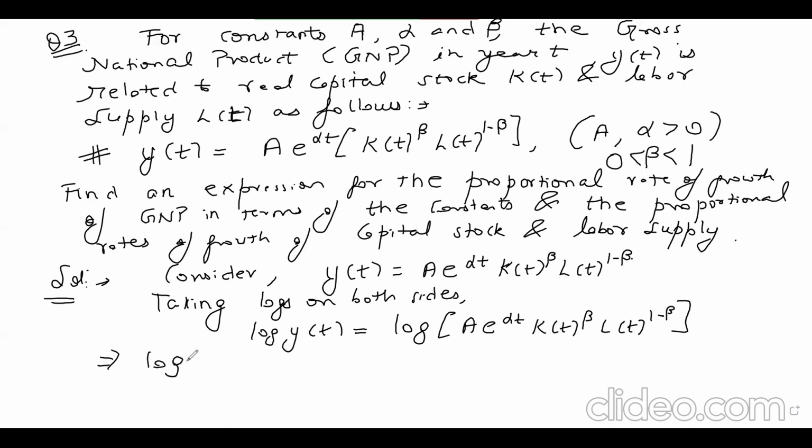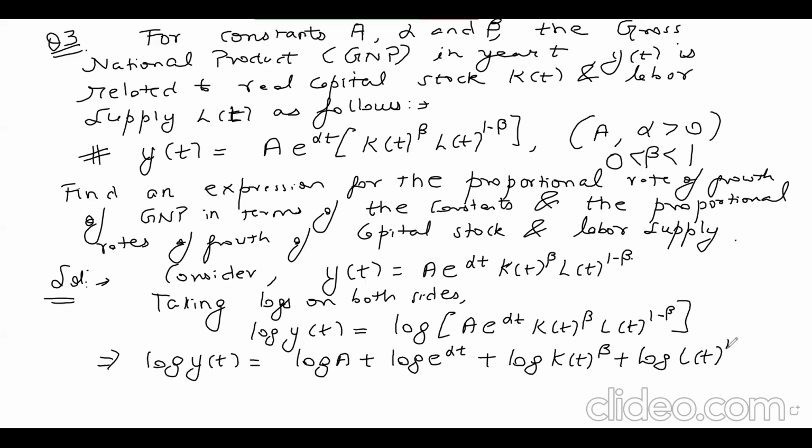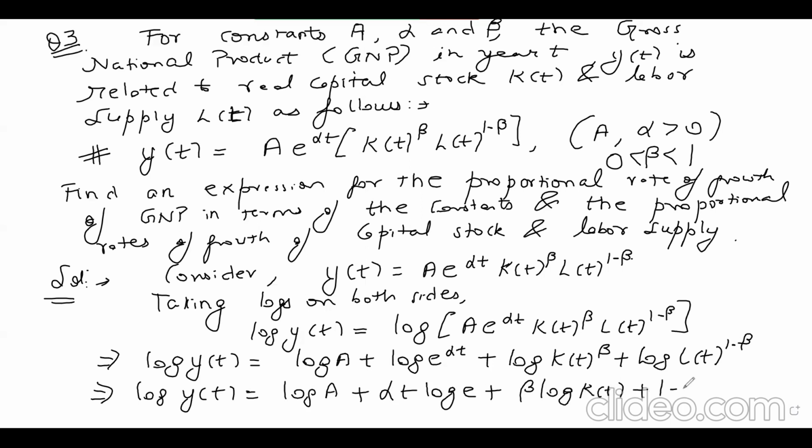This implies log of yt is equal to, if I open up using the rule, log of a product is the sum of logs. So this is log a plus log e to the power alpha t plus log kt to the power beta plus log lt to the power 1 minus beta, which I can write as log of yt is equal to log of a plus alpha t log e plus beta times log kt plus 1 minus beta log lt.